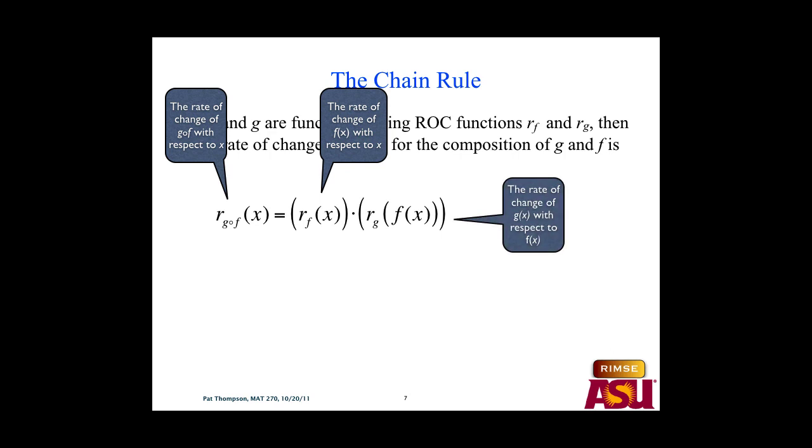This is just the words I was saying, highlighted in bubbles here. The rate of change of g of f, the composite function, with respect to x, is the rate of change of f of x with respect to x, multiplied by the rate of change of g with respect to f of x.